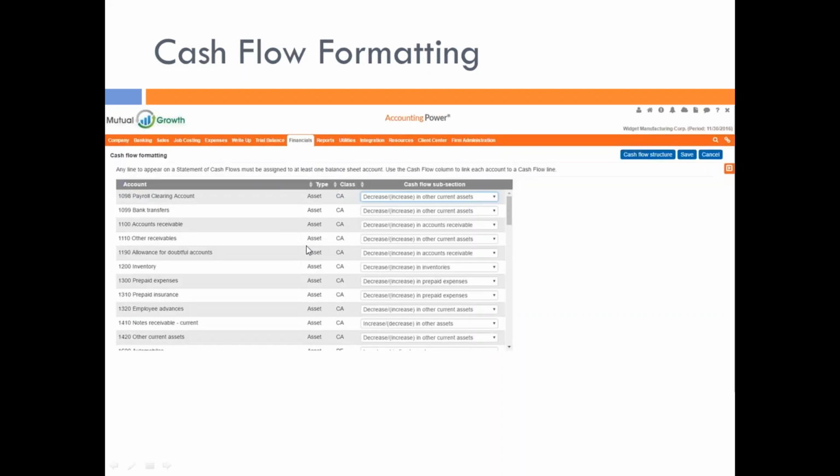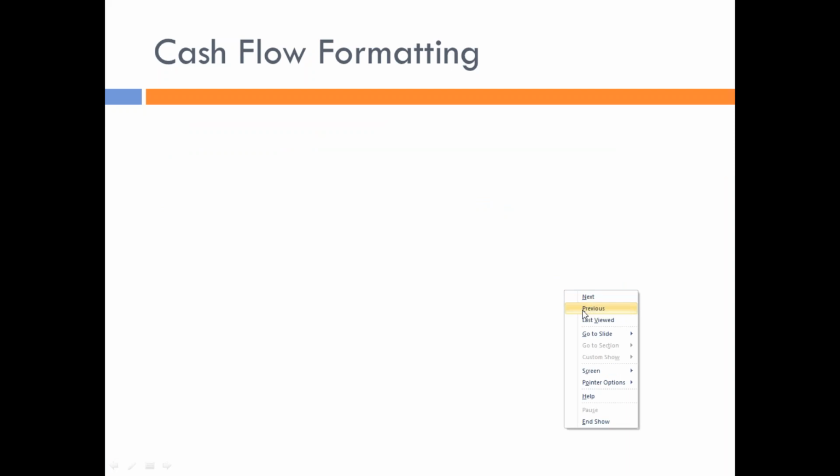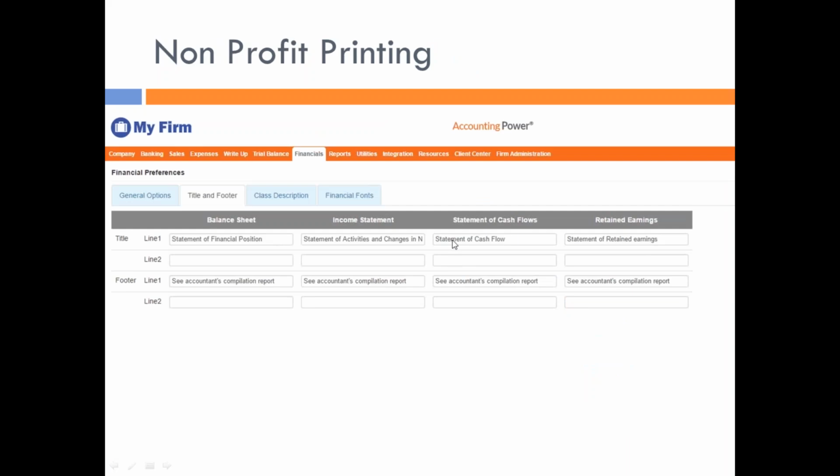The main one I want to show is the statement of activities and changes in net assets we put in there for you. Statement of financial position. And once again, if you want the title to be something different than what we put in, you can change it.